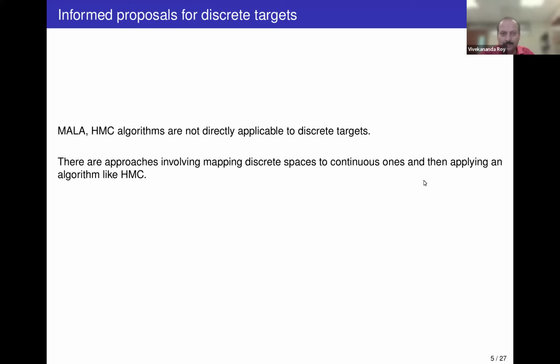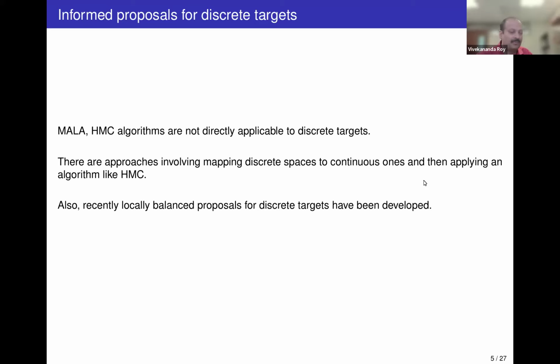There are some other approaches recently developed in terms of locally informed, locally balanced proposals. Again, these do not take into account the geometry of the manifold structure of the target space in the discrete case.